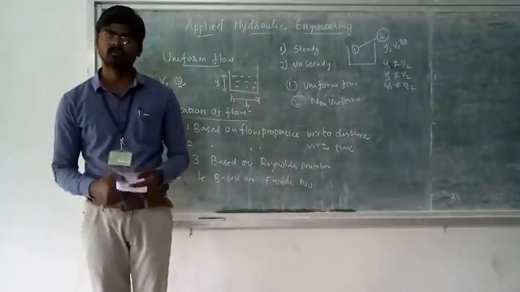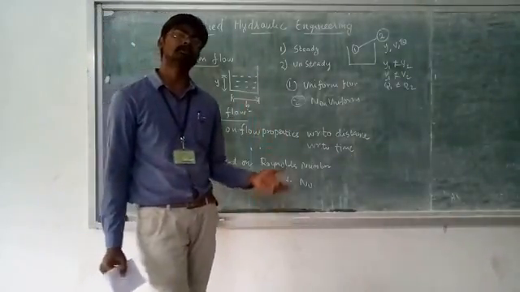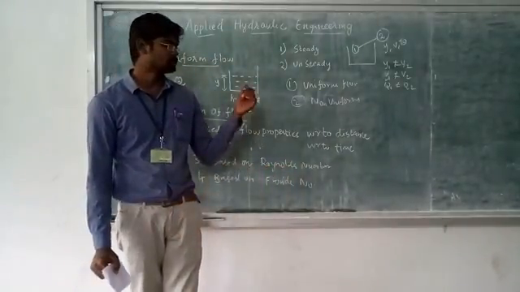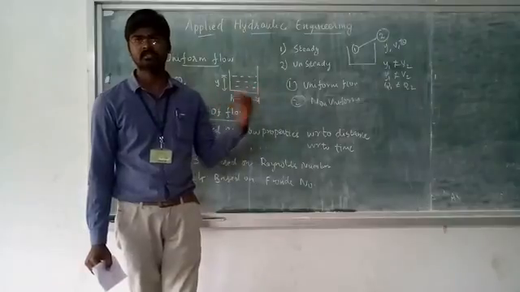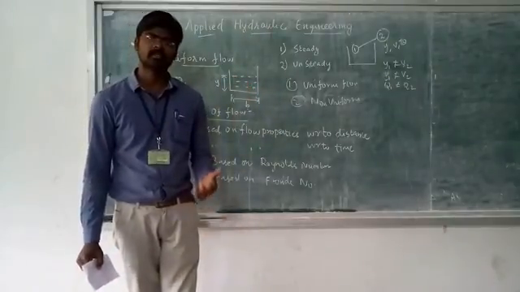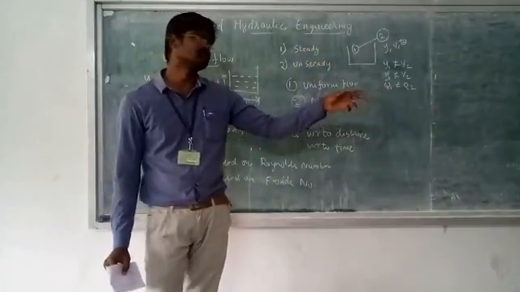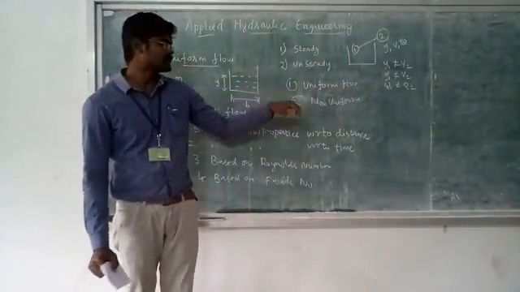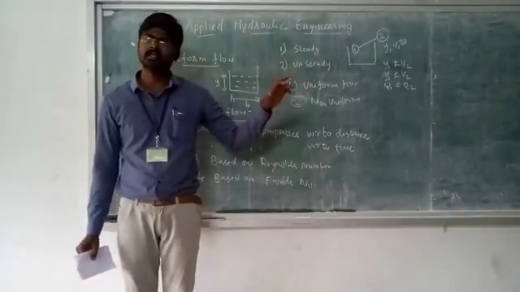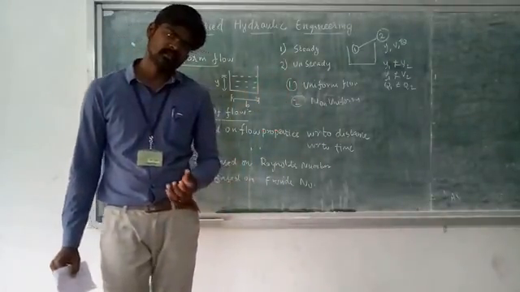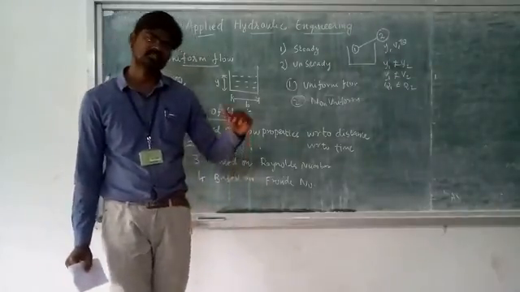Uniform flow means the flow doesn't change over a long time. If you take the depth of flow and the discharge in the channel, they remain constant over a long period because it is a uniform flow. Whereas non-uniform flow varies with time.